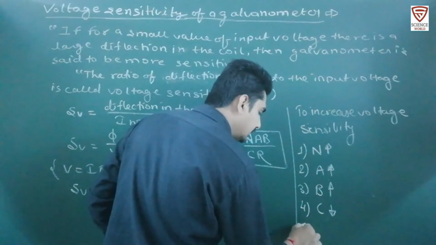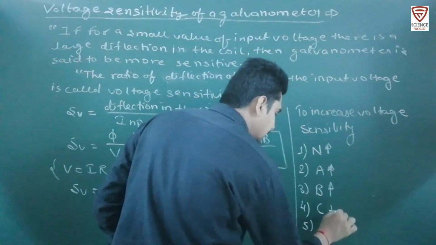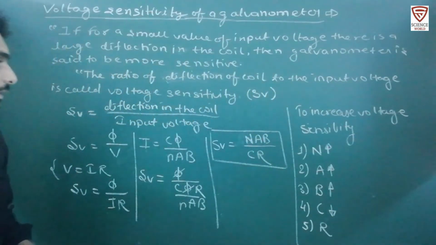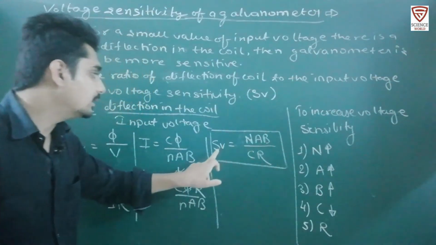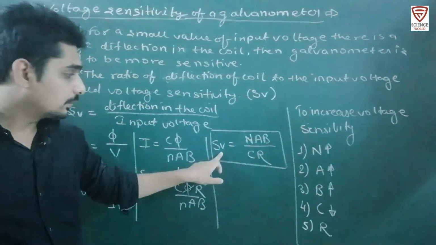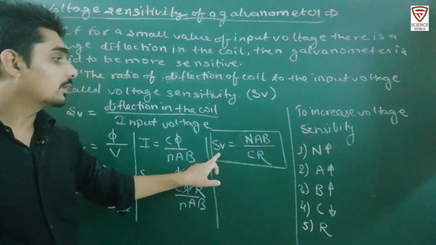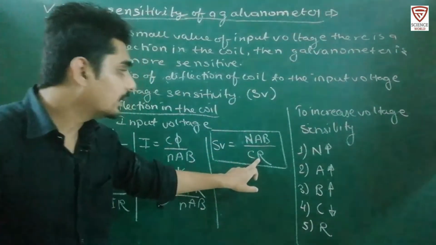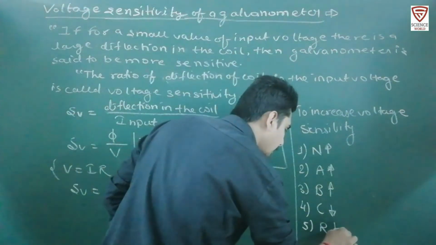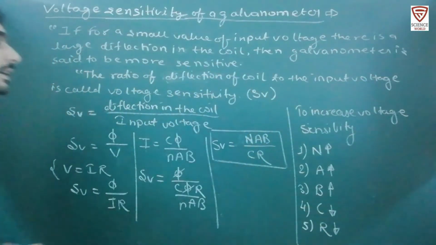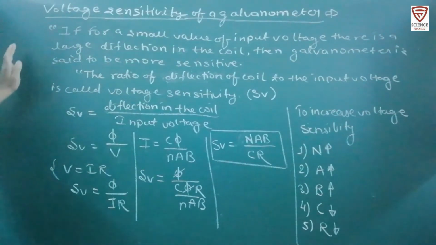And last, number 5, resistance of the coil. We can clearly see that if resistance will be increased, then sensitiveness will decrease. So to increase the sensitivity of coil, the resistance of the wire of coil should be as less as possible. So these are some factors which can increase voltage sensitivity of a galvanometer. So students, note it down.